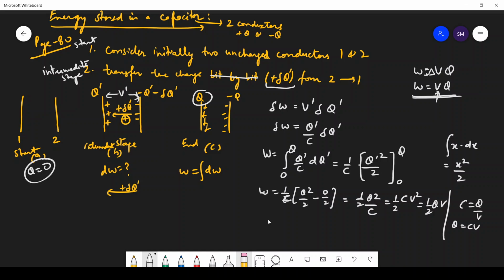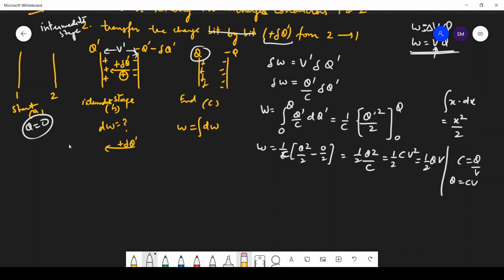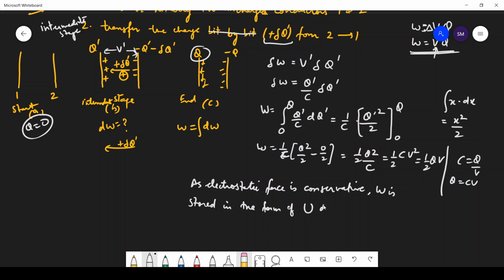As you know, electrostatic force is conservative, so it doesn't matter which charge you are taking, earlier or later. Another important thing about a conservative force is that, as the electrostatic force is conservative, this work done is stored in the form of potential energy of the system.